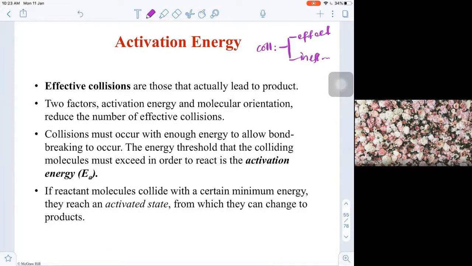So, two factors for the collision to be effective. Firstly, the collision must occur with enough energy. How much is enough? Enough is when the collision occurs and achieves the activation energy.